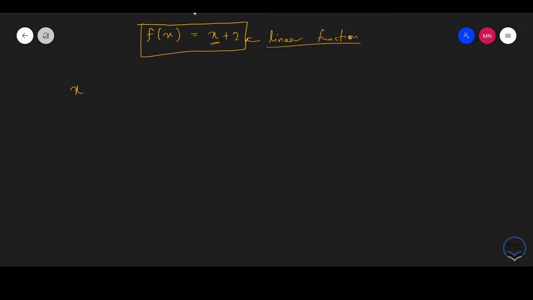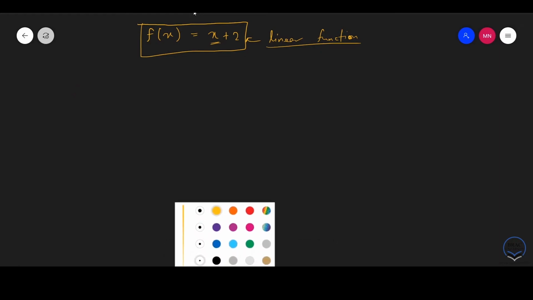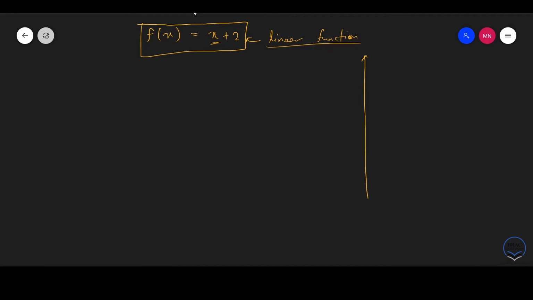So what do we know about the graph of a linear function? We know that the graph of a linear function will just be a straight line. So for x plus 2, we will have a graph that looks something like this. This is the graph of x plus 2. And this is our x-axis, this is our y-axis, and these arrows indicate that this line is still continuing towards the positive infinity.